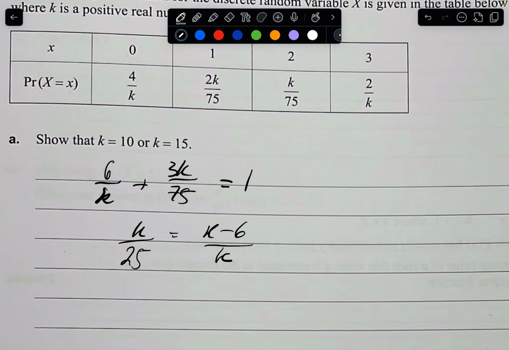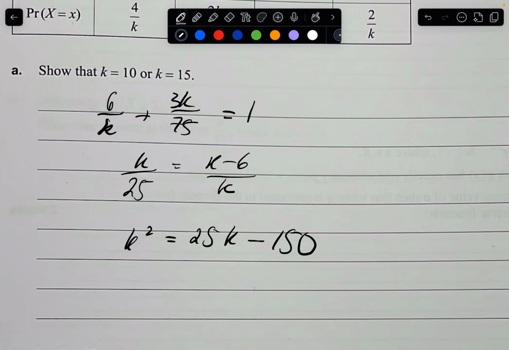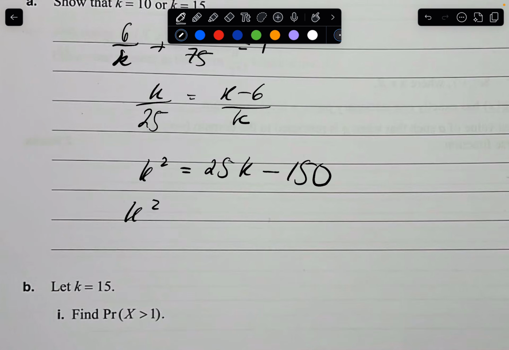And then you can cross multiply. Equals 25k minus, and then 6 times 25 would be 150. And then k squared minus 25k plus 150 equals 0.